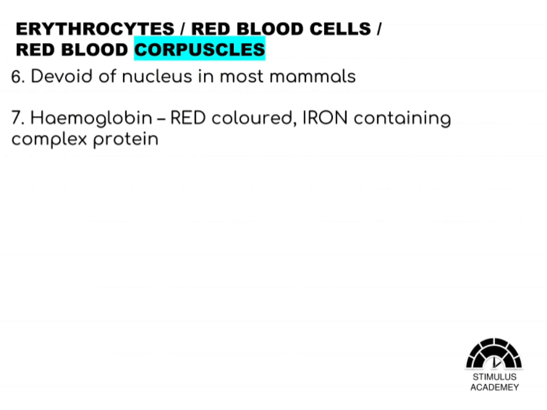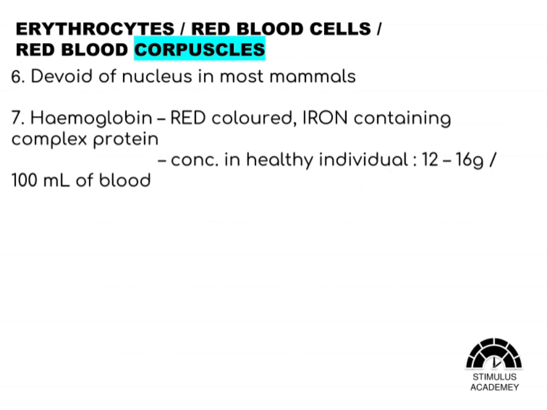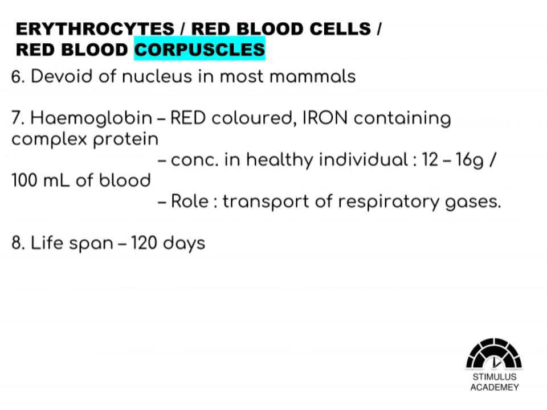Hemoglobin is present in RBCs. It is a red colored, iron containing complex protein. Concentration of hemoglobin in a healthy individual is 12 to 16 gram per 100 milliliter of blood. Role: transport of respiratory gases.